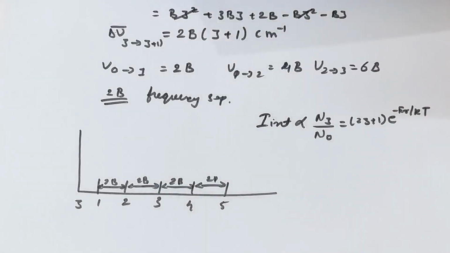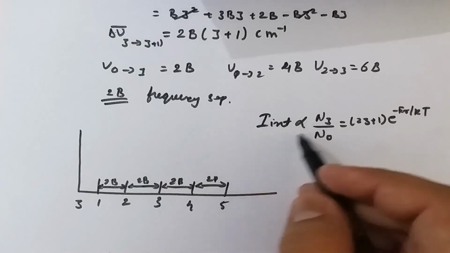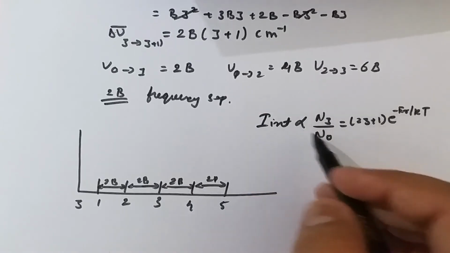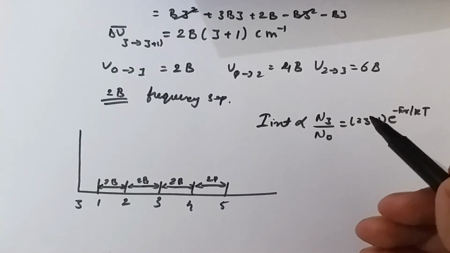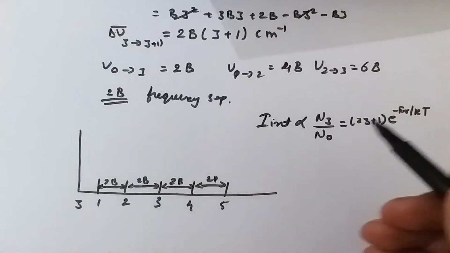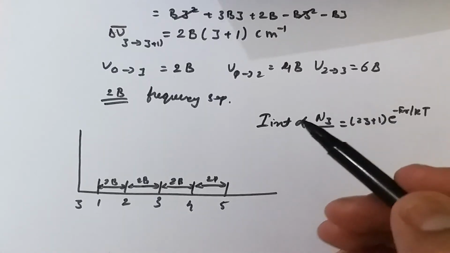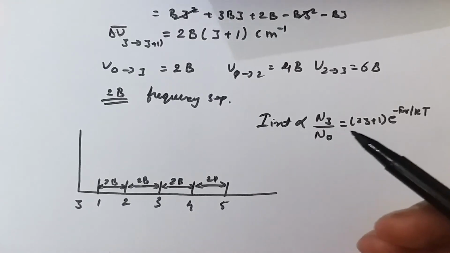This is our Maxwell-Boltzmann distribution law, and intensity is directly proportional to it. This law gives the relative population of any particular system under equilibrium, and it gives the most probable distribution.